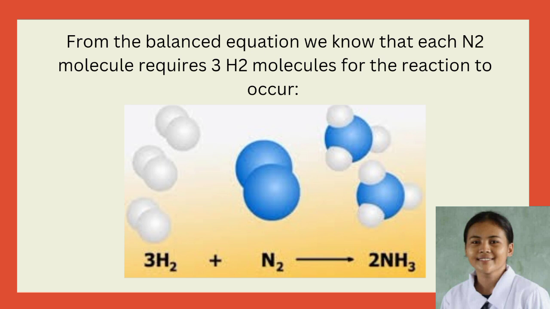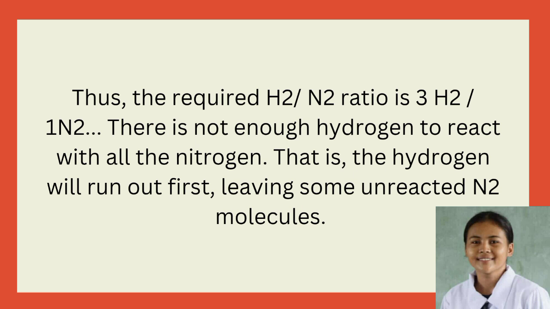This means the reaction will only work properly if there are 3 H2 molecules for every one N2 molecule. Thus, the required H2 to N2 ratio is 3 to 1.